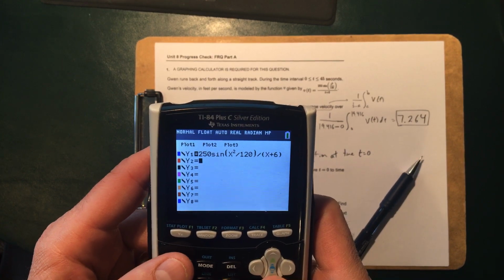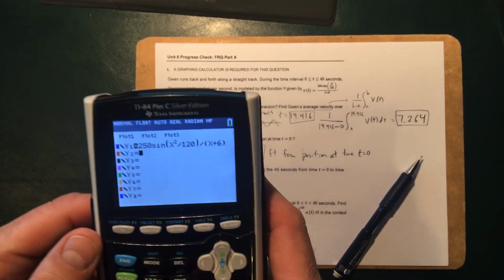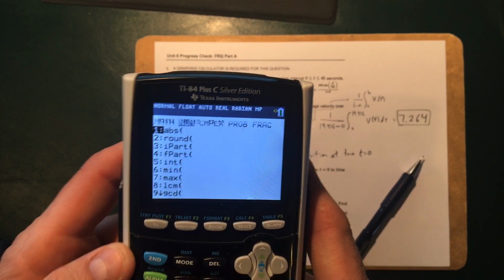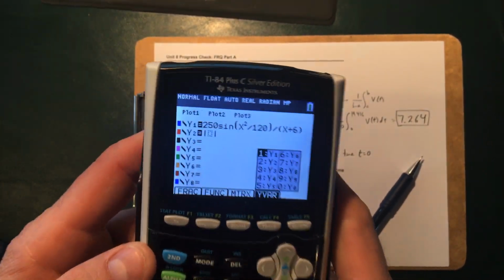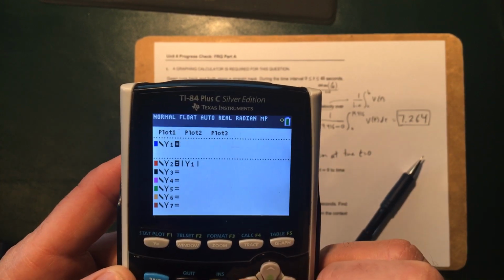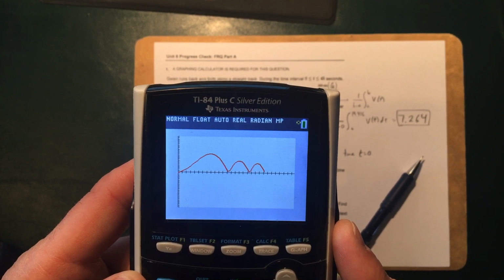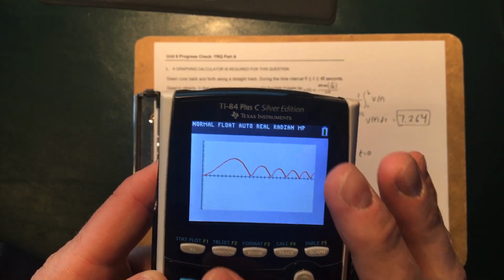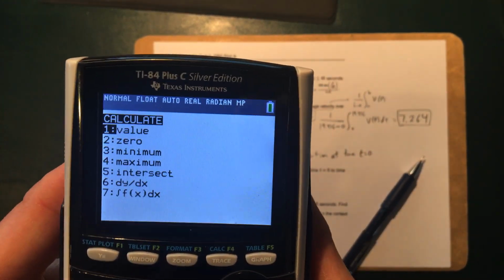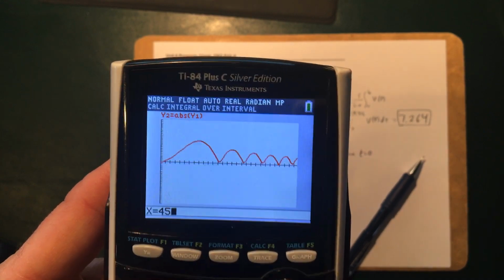Let me do a graph of, I can't stick an absolute value in there, but maybe I can just go absolute value of y1. Oh, Lanta. All right, let's see. I'm going to deactivate number 1. So there's our graph. And now maybe I'll just go second calc 7 from 0 to 45.